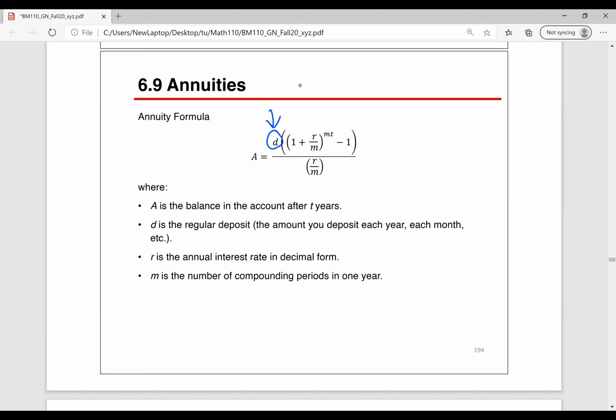So D is the regular deposit, the amount you deposit each year, each month, and so on.